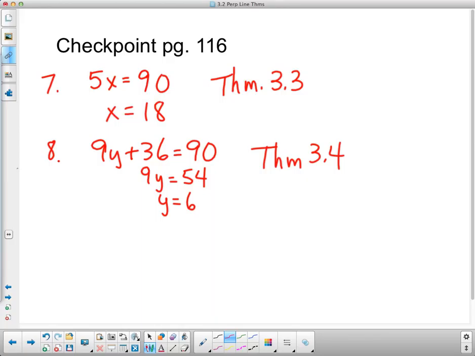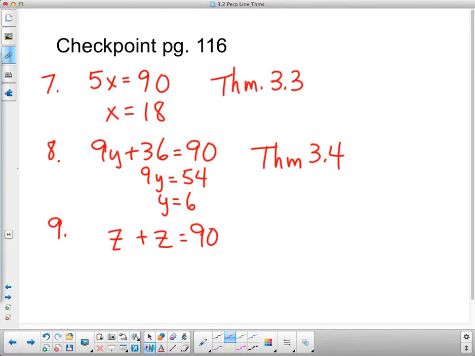Okay. All right, and number 9. How do we do number 9, Kylie? I just did 90 divided by 2. And why did you do 90 divided by 2? Because there's a square on one side that tells you that the angles together equal 90. Okay, so together those two angles make 90, which kind of looks like this last one.